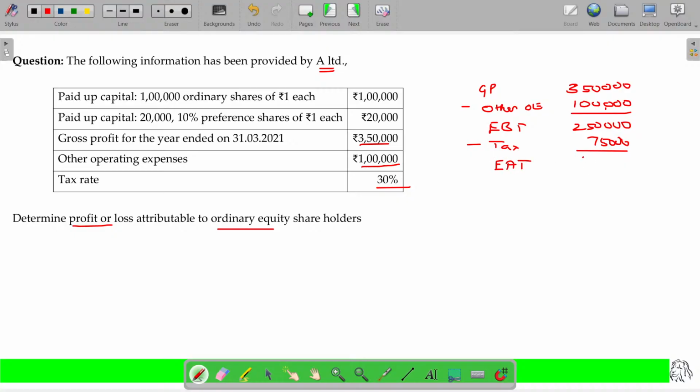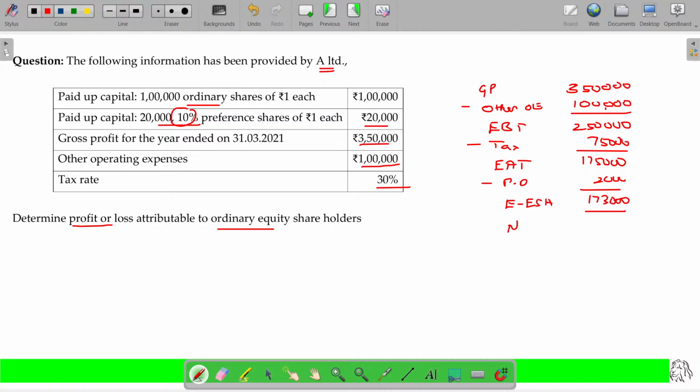Earnings after tax 1,75,000. Out of this, preference dividend 10%. So for this 20,000, you have to pay the preference dividend 2,000 rupees. 1,73,000 will be considered as earnings available to the equity shareholders.